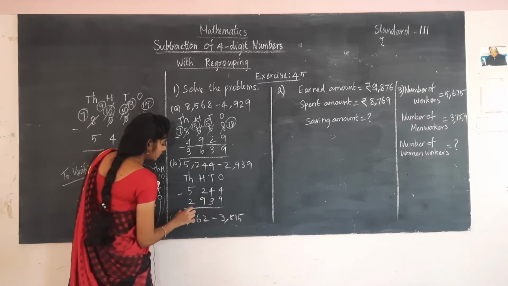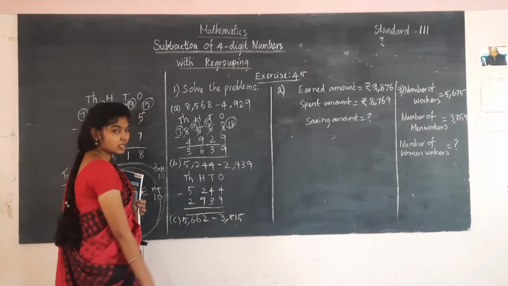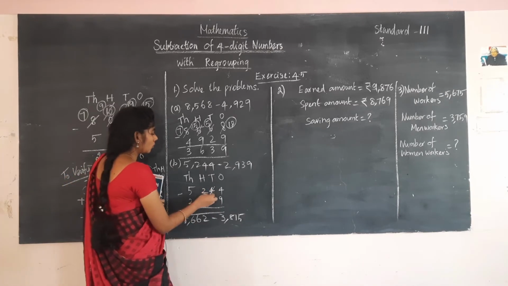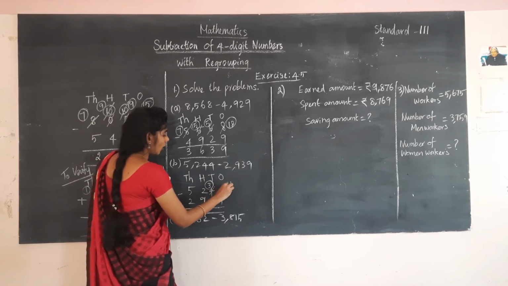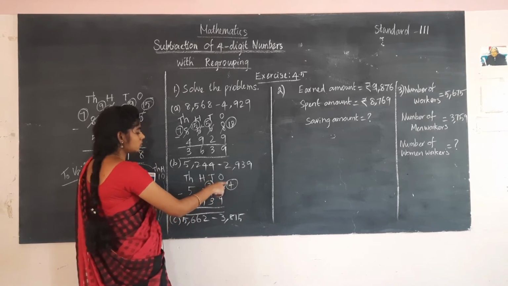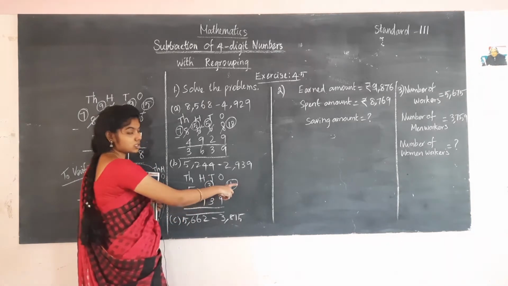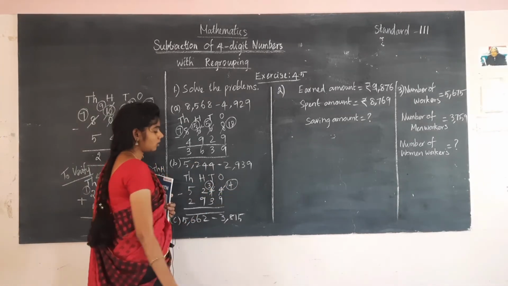And now subtract the numbers. So here 4 minus 9, 4 is the smaller number, so you have to borrow the number here. So 3, and here you have to cancel 4 and write 14. After borrowing 1 ten to the ones place, you will get 14. That is 10 ones and 4 ones, totally 14 ones.